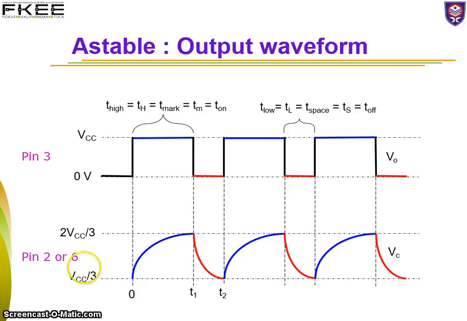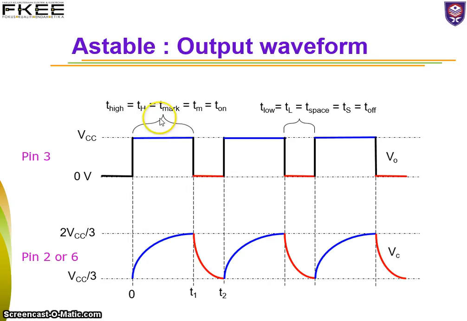What I have shown here is the output at pin 3 from 0 to VCC, and this is the voltage at pin 2 or pin 6, which is across the capacitor. While the output is high, the capacitor is being charged. When the output is low, the capacitor will be discharging. Charging and discharging, so we have a square wave at the output.